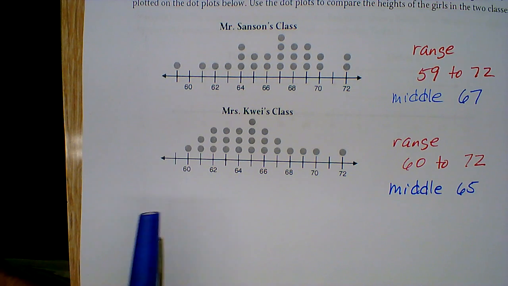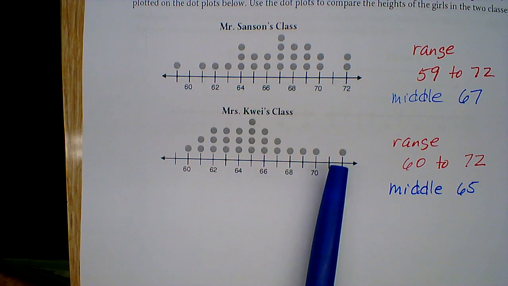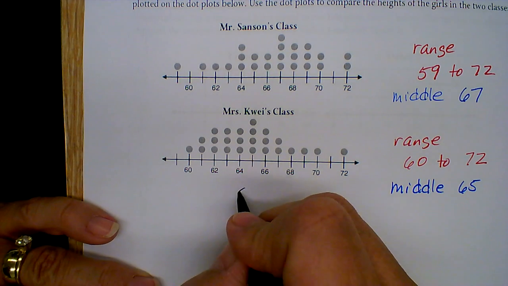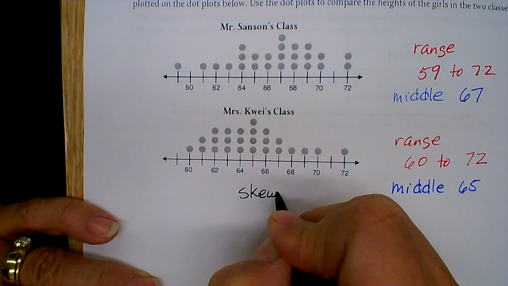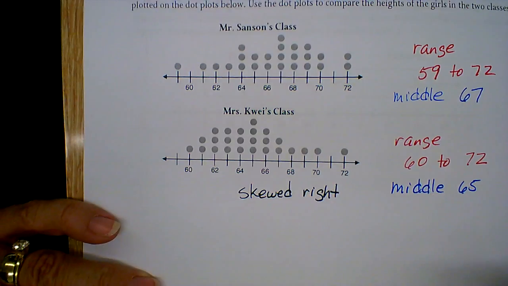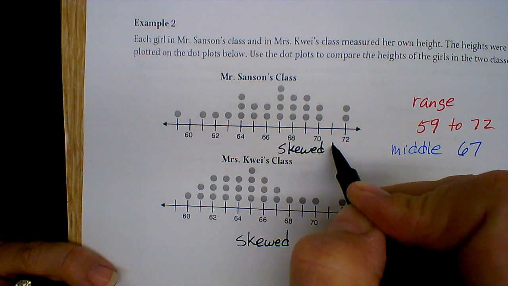And Mrs. Kwai's has a tail headed this way at the upper part of the data, so we would say that she is skewed to the right. And Mr. Sanson's data was skewed left.